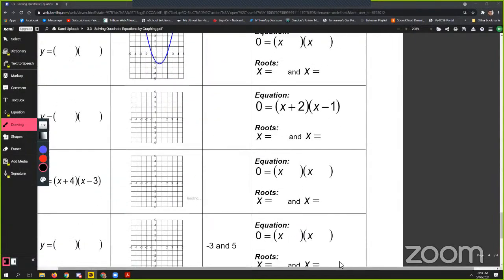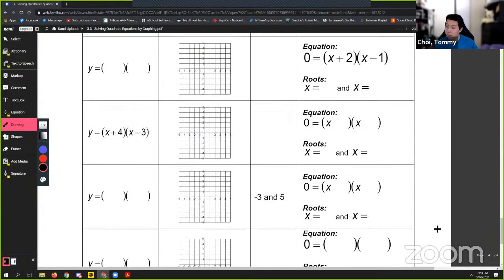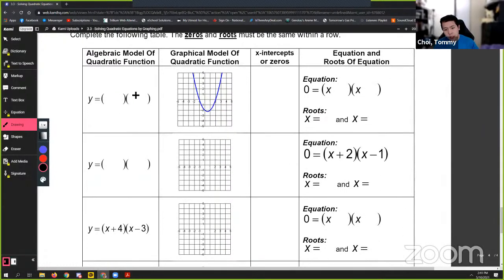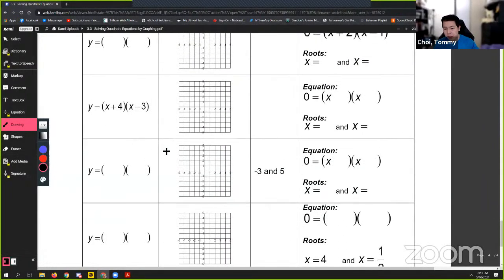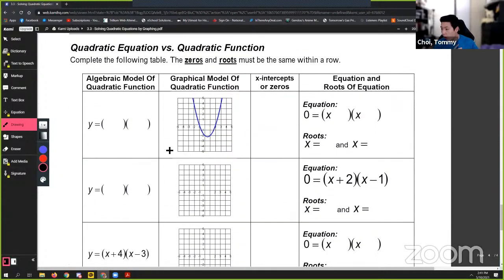I'm going to go through two of them with you, and then the rest you're going to try on your own, and then we'll take it up, and that's it for class. Of course, you have your homework questions at the bottom, as always. Each of these rows gives you different pieces of information, and you have to piece them together to figure out all the missing pieces of information.